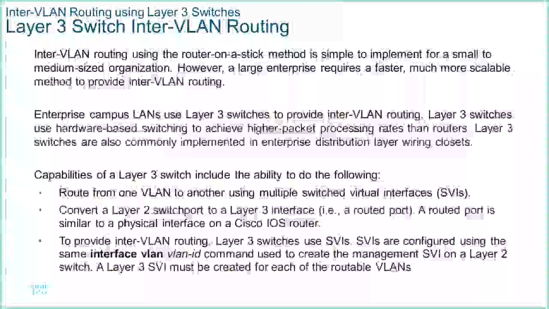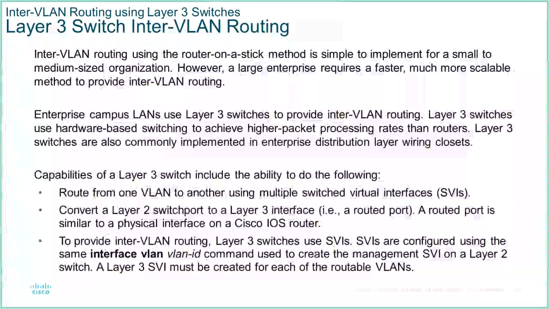So with a multi-layer switch, we don't need to do as much configuration on it. We need to configure it pretty much the same as a normal switch, in that we give it the VLANs and the assignment of the ports that it needs.